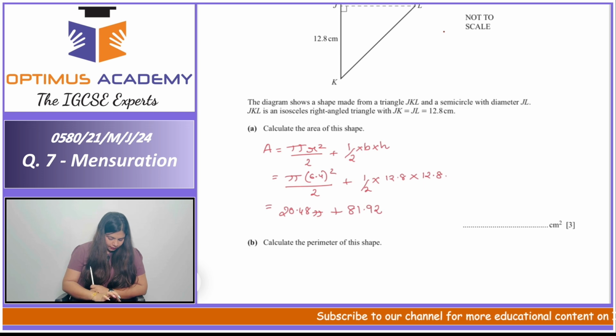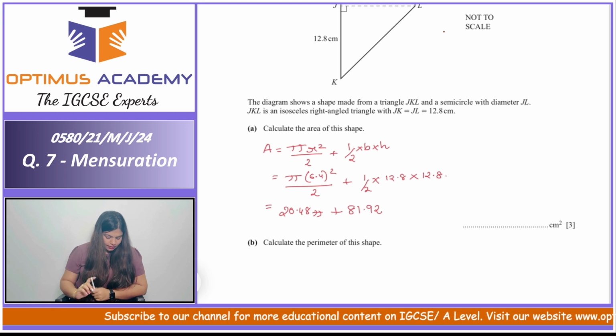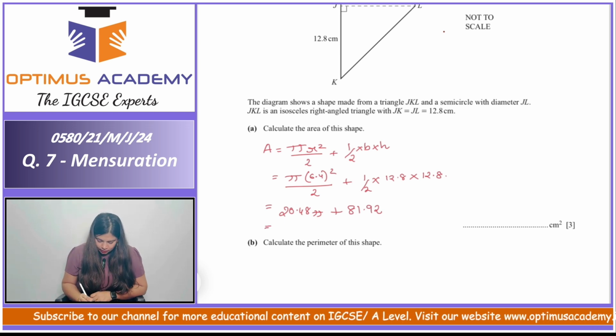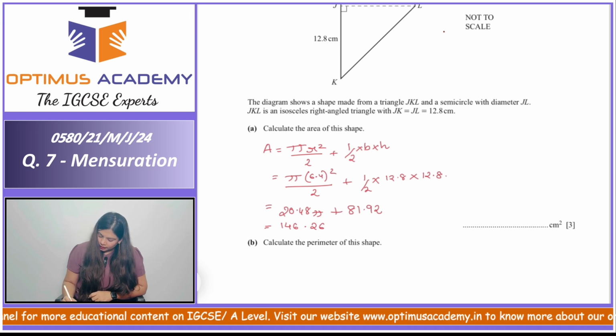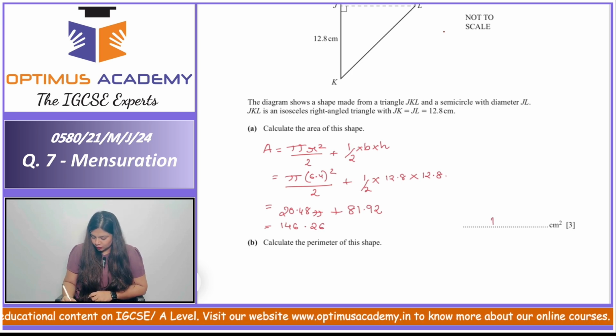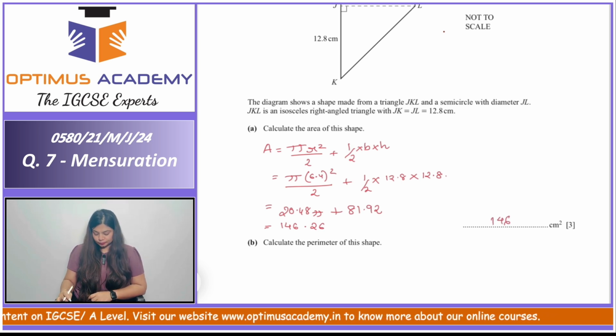Both added together, we will get the final answer as 146.26. Final answer written in 3SF would be 146.